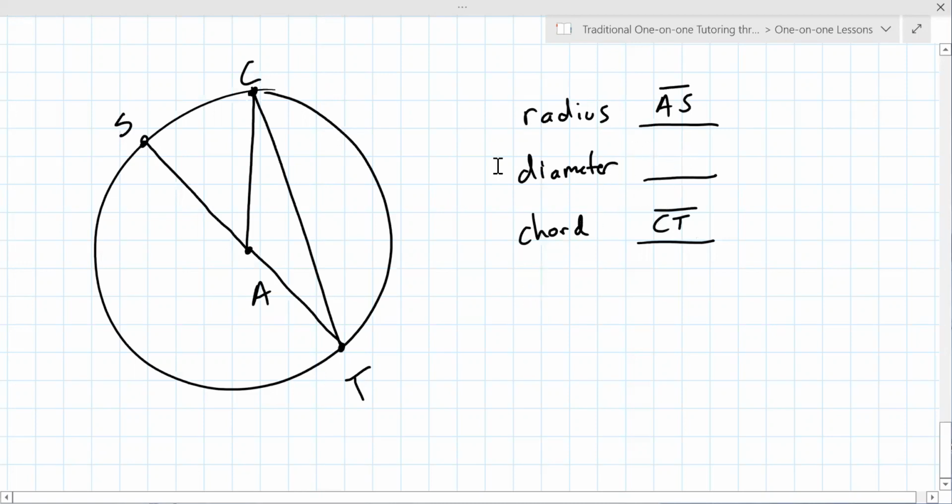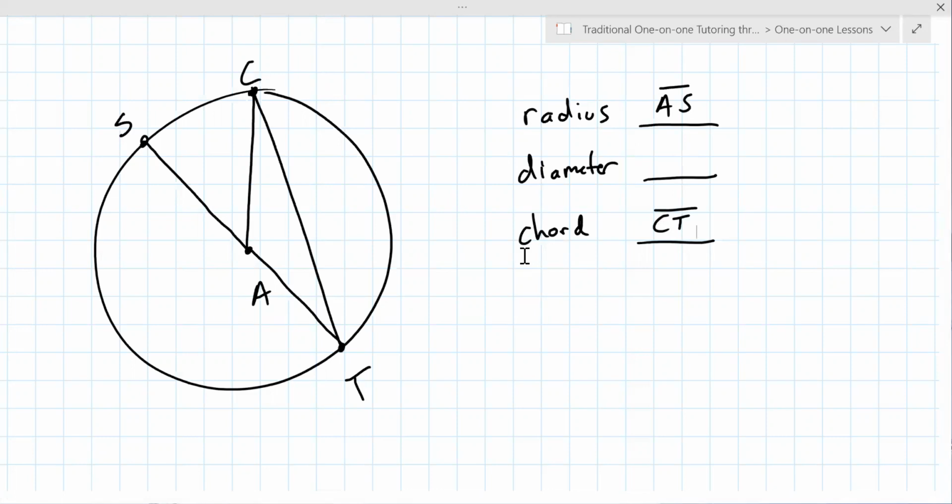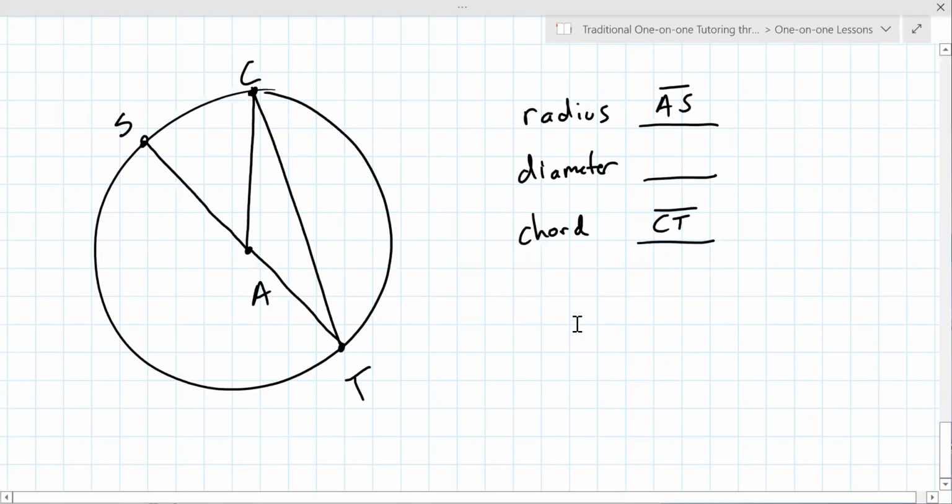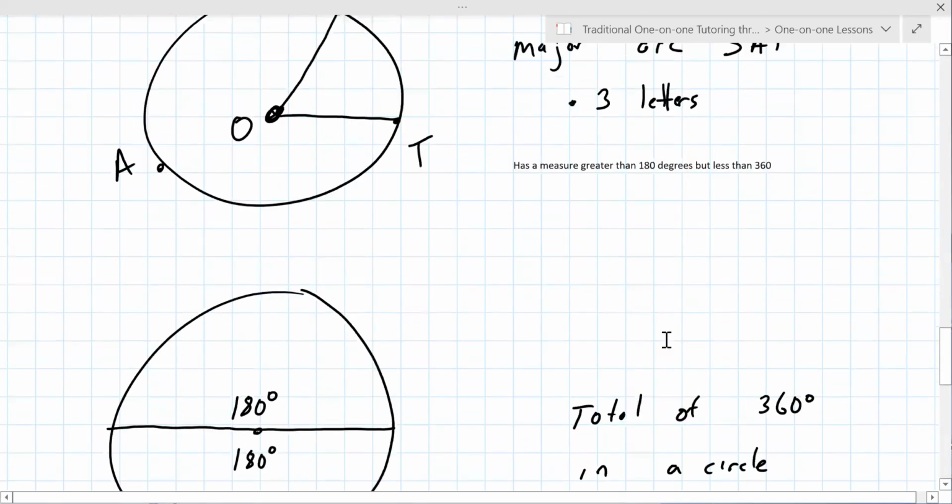There's only one diameter. If you need to go back in your notes and look at the definition of a diameter, or I can tell you verbally, whatever would be best. Sure, I'm going to show you as well as tell you.